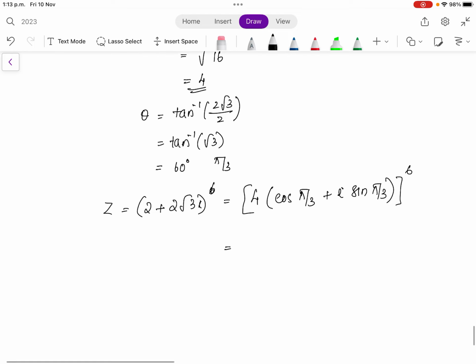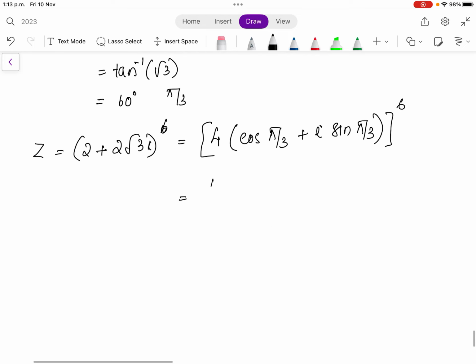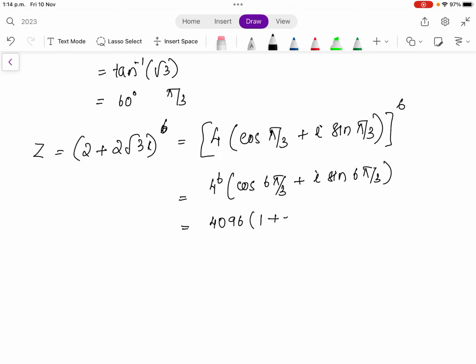That is equal to 4 to the power of 6 (cos 6pi/3 + i sin 6pi/3), which is equal to 4 to the power of 6, which is 4096, times (1 + i times 0). So that is equal to 4096 + 0i, or it is 4096.